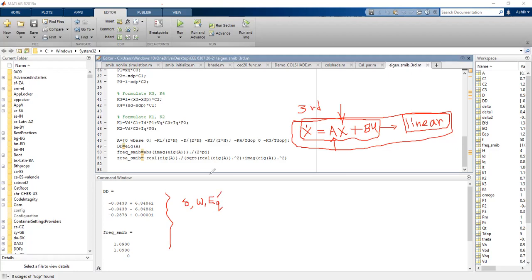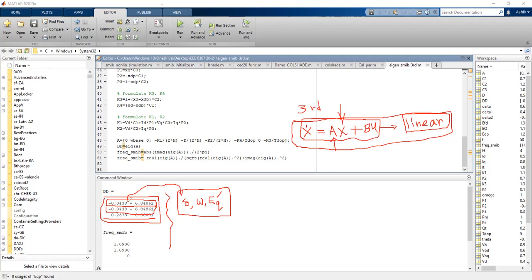The question that is not answered yet is that we still do not know which of these eigenvalues, or this complex pair of eigenvalues, or the third one, belongs to which state, or is coupled to which state. Just by looking at the values in this block, it's not possible to answer this question.